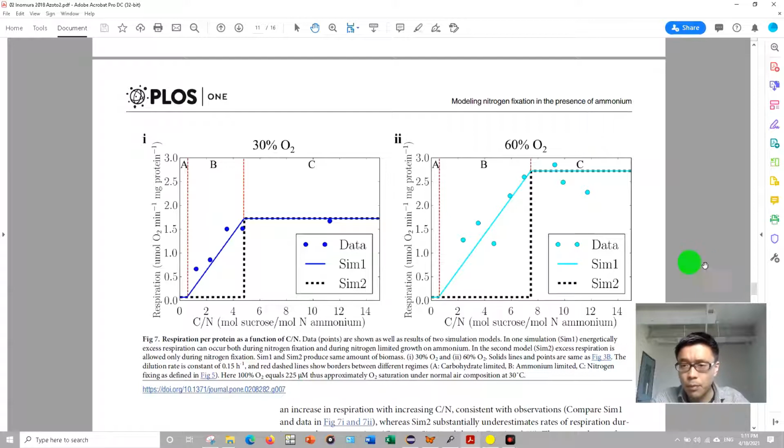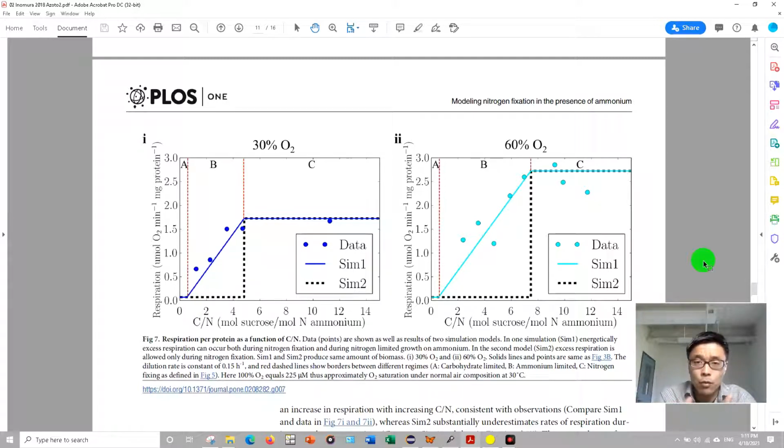To provide a brief background, nitrogen-fixing organisms need respiratory protection, which is high respiration to protect nitrogenase from oxygen because respiration consumes intracellular oxygen. So generally, it has been thought that respiratory protection is mainly to protect nitrogenase, or the nitrogen-fixing enzyme, but it has not been clear when this respiratory protection is happening.